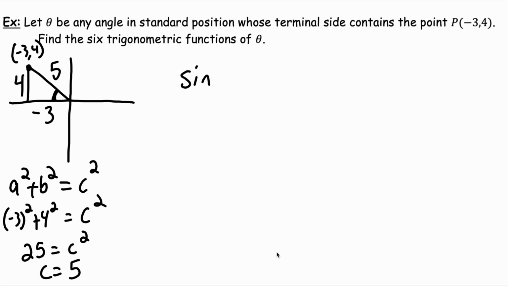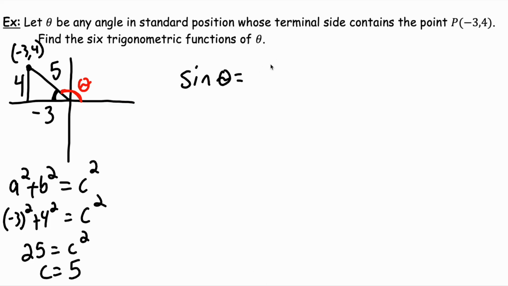I don't really need to know what that angle measure is in order to find all of the 6 trig functions, okay? So actually, I should correct myself. Theta is this measure here, okay? Theta is that measure. So sine of theta, I'm just going to use that.